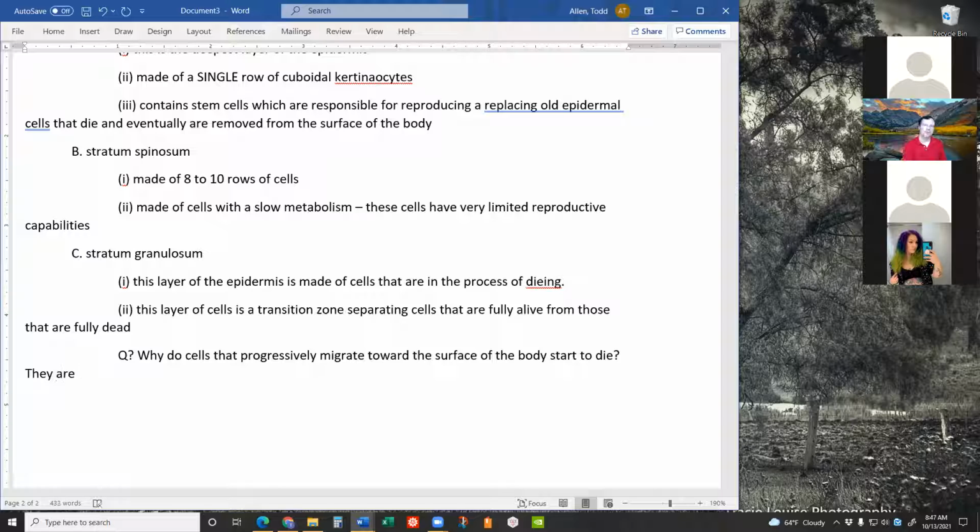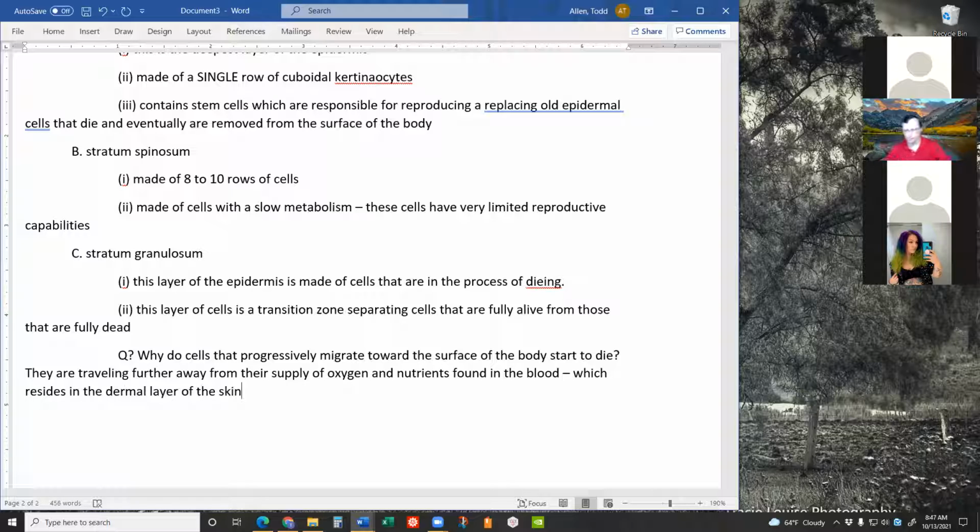They are traveling further away from their supply of oxygen and nutrients found in the blood, which resides in the dermal layer of the skin. Okay. Very good.